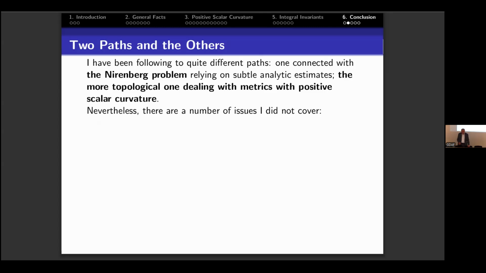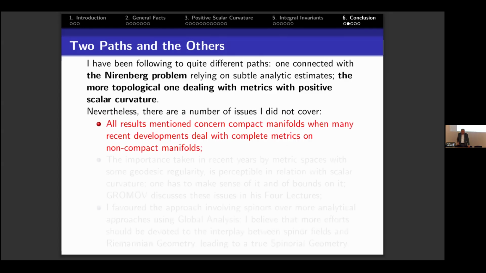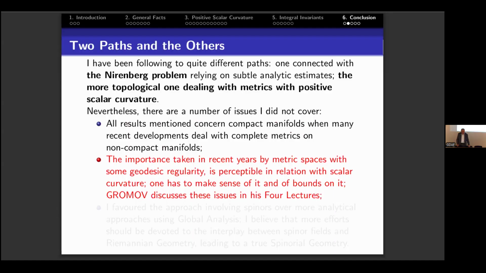Anyway, but there are also topological obstructions, as I told you. And there are a number of issues I didn't cover. I spoke only about compact manifolds. And as I told you, the theory and the most recent developments with complete metrics have been fantastically interesting and subtle. So I didn't cover it at all.